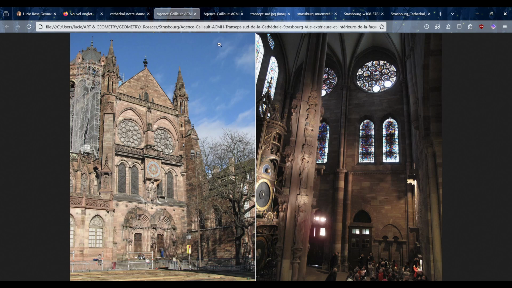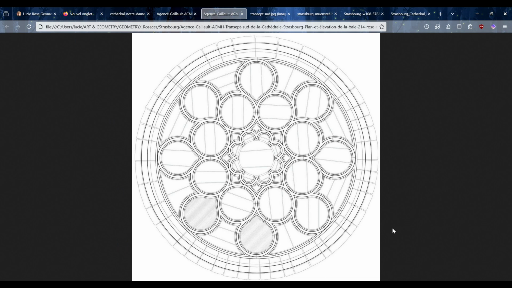They have done a relevé, as we say in French, a very detailed study of the actual stonework, and it happens that the drawings were available on their website, so I got this, which was very handy for studying the geometry of the rose.